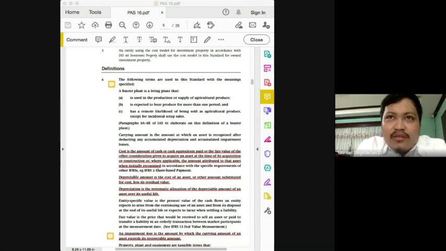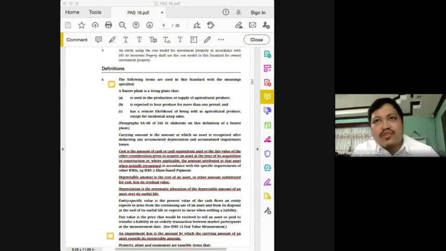Because there is a lot of confusion on the part of the students, class, between a biological asset and a bearer plant. Your biological assets, class, would either be a plant or an animal. We will discuss biological assets more when we discuss PAS 41. But what I am telling you right now is that biological assets may either be a plant or an animal.